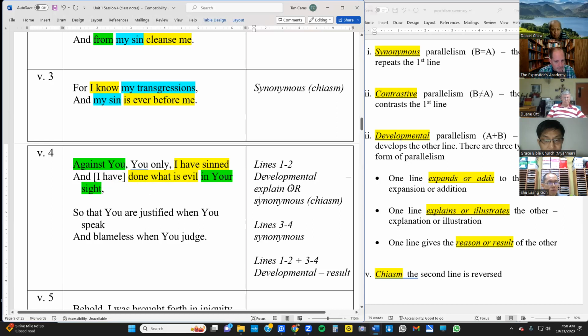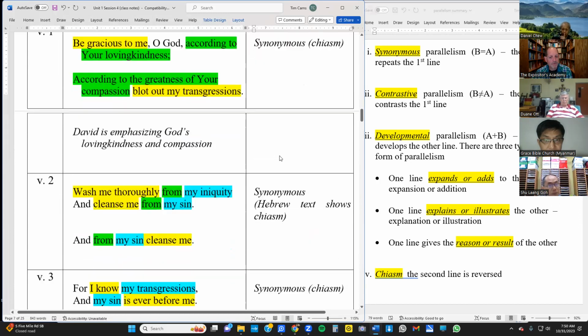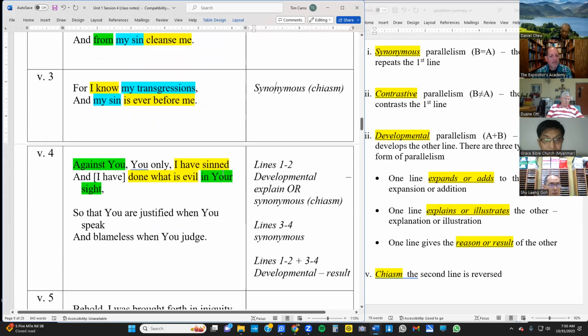Okay, so I would lean towards the synonymous in this case, though developmental explanation would not be a bad conclusion at all. But again, because David has been using synonymous so far, notice verse 1 synonymous, verse 2 synonymous, verse 3 synonymous, I think he is still doing that here at the beginning of verse 4.